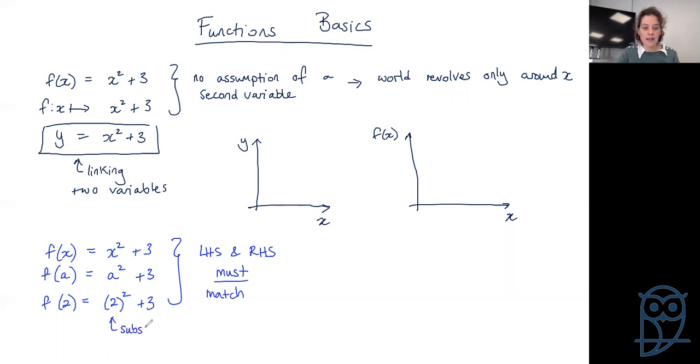Substitute values using brackets. So that comes down to protecting your negative signs. If you have a minus 2 squared or a minus 2 whole squared, it's two very different values. And that then affects everything that you do after that.